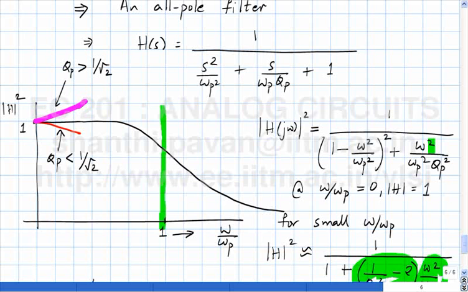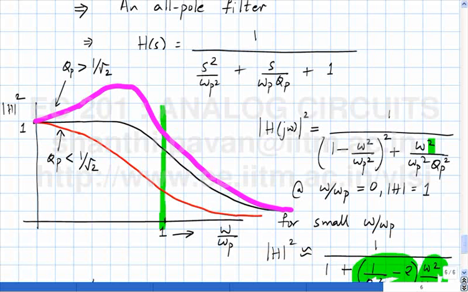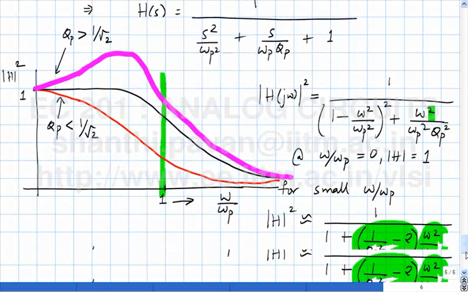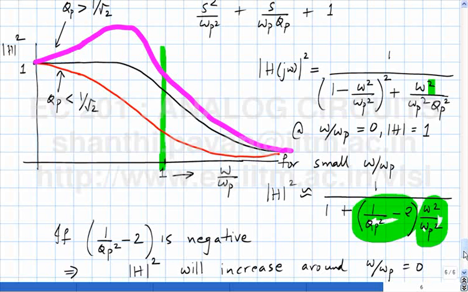Similarly, even if this jumped up initially, it must eventually do this. And even if qp was less than 1 over root 2, it must eventually do this. Does it make sense? So by varying the value of qp, you can make the filter response peak, you can make it flat, or you can make it droop.